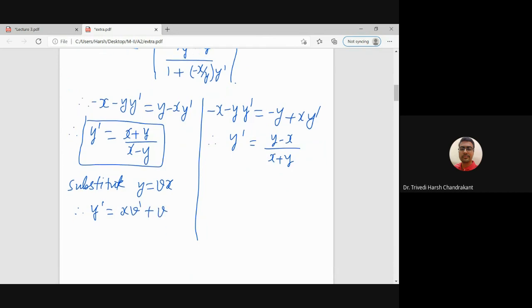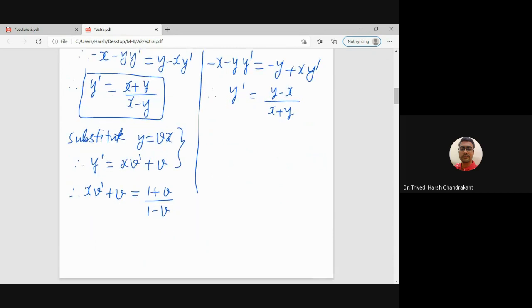So substituting these two in the given differential equation, we'll get x v dash plus v is equal to 1 plus v divided by 1 minus v, and then taking v on the other side, we will get x v dash is equal to 1 plus v divided by 1 minus v minus v.